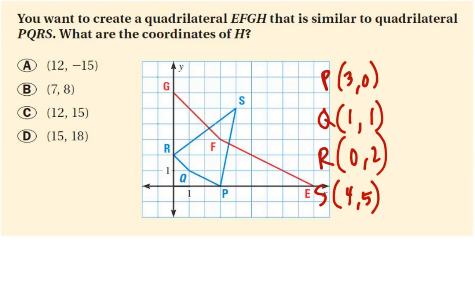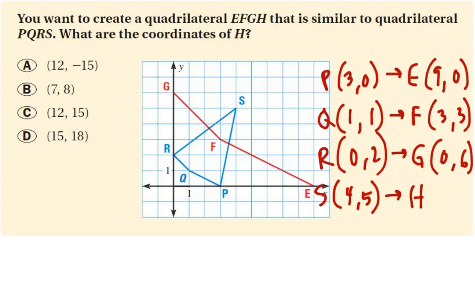First of all, I've jotted down all of the coordinates of the quadrilateral that we know, PQRS. Here are all of the coordinates in red, and now I'm going to write down all of the coordinates for the image that I have so far.